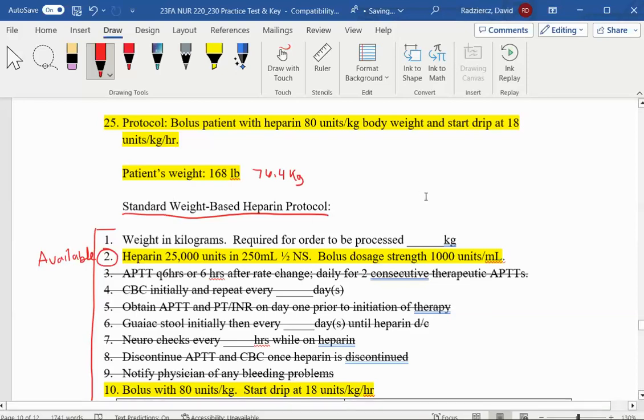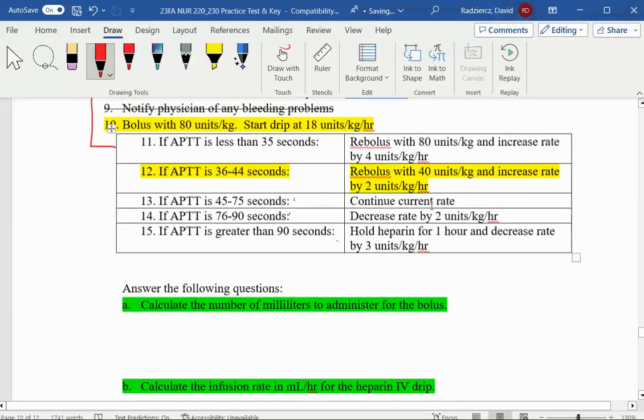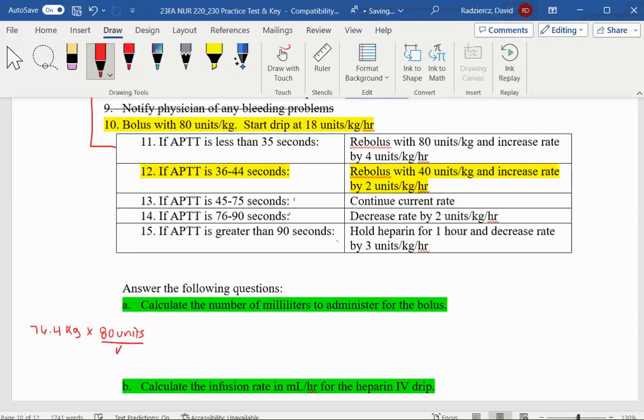Then I'm going to go ahead and do my steps. I have a 76.4 kilogram individual, and my order is 80 units per kilogram. 80 times 76.4 is going to be 6,112 units.